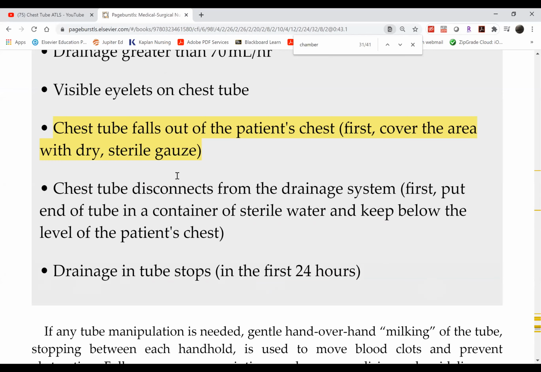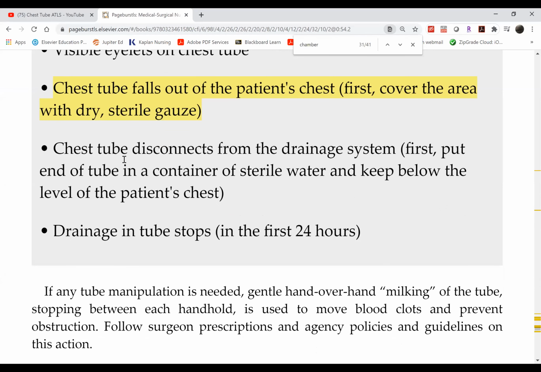If the patient's chest tube is still intact, but then it got disconnected from the system. So this is what I mean by, there's almost no chance of this happening. But if it does happen, you lose, remember, you lose the water seal because now the patient is disconnected from the drainage system.